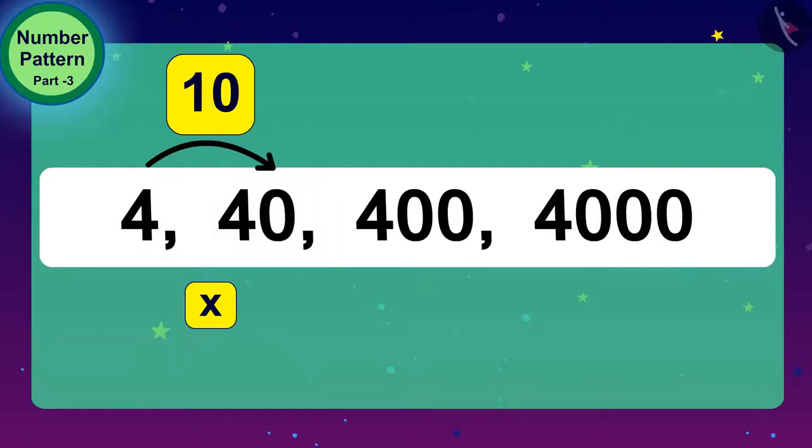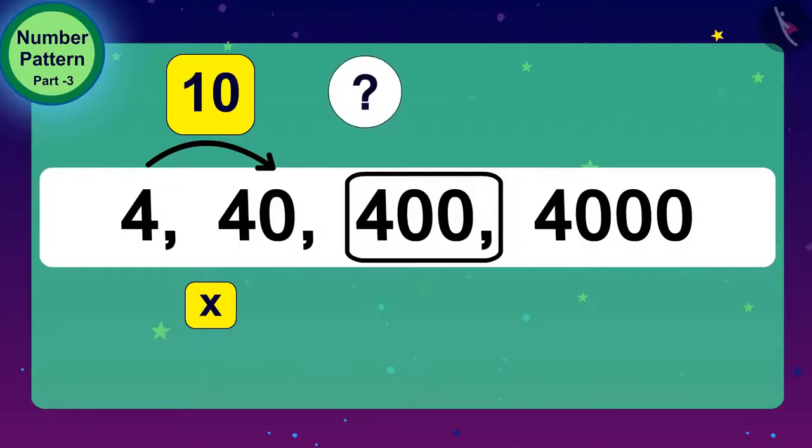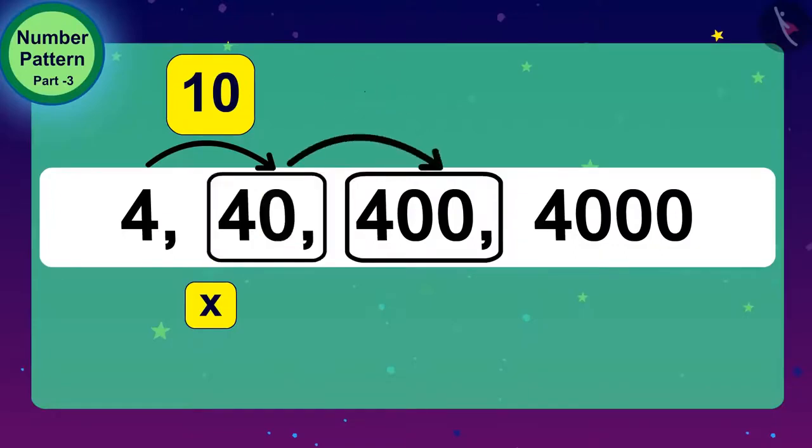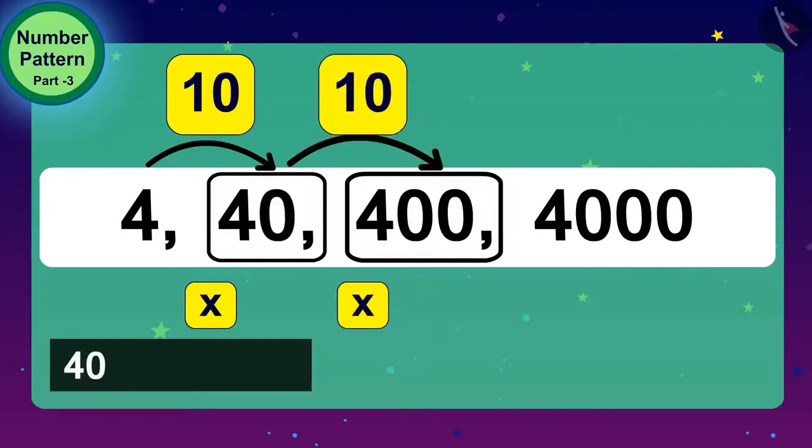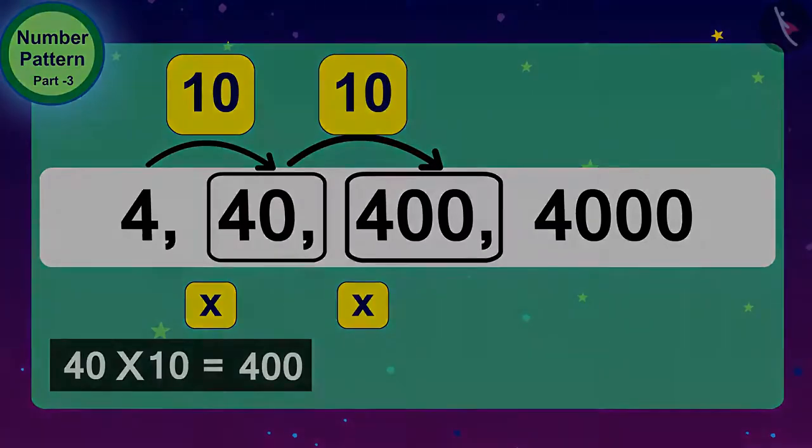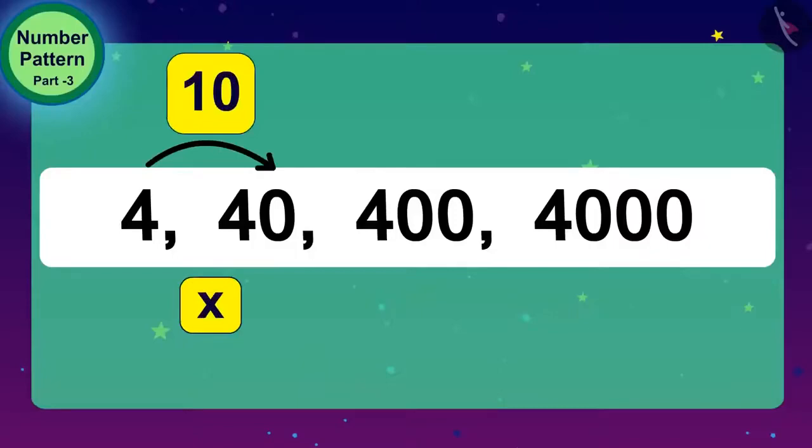Let us now look at the next number, 400. What do we have to do to get a number from 40 to 400? Yes, 40 has to be multiplied by 10 once again. Oh wow, children!